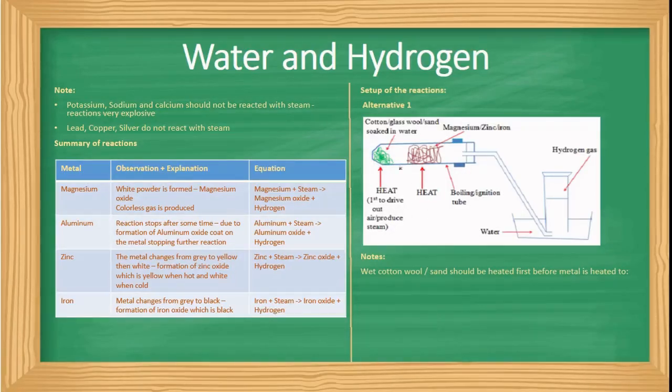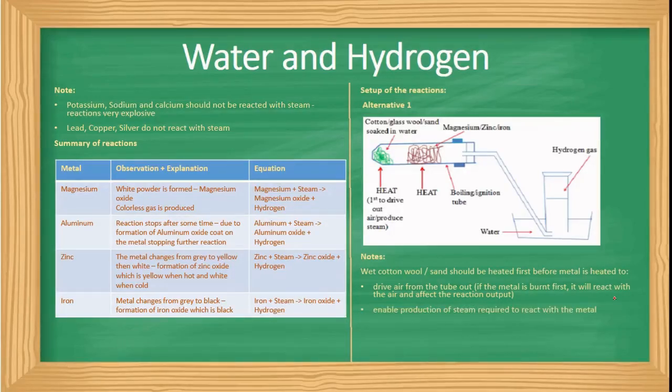You should start by heating the wet cotton wool or sand for two reasons. One is that you want to drive out the air that is in the apparatus before you start having the reaction between the steam and the metal. You drive out the air so that it doesn't interfere with the end product and the behavior of the reaction.